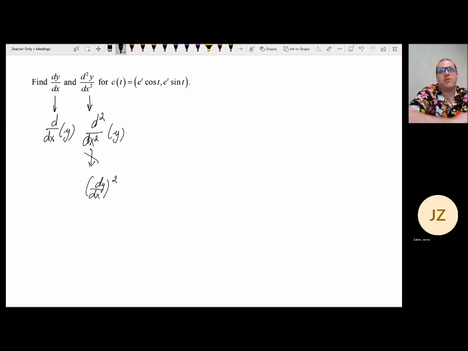So that's take the first derivative and then square it. And of course, that's also wholly different from that, right? That's the derivative of y squared. Right.